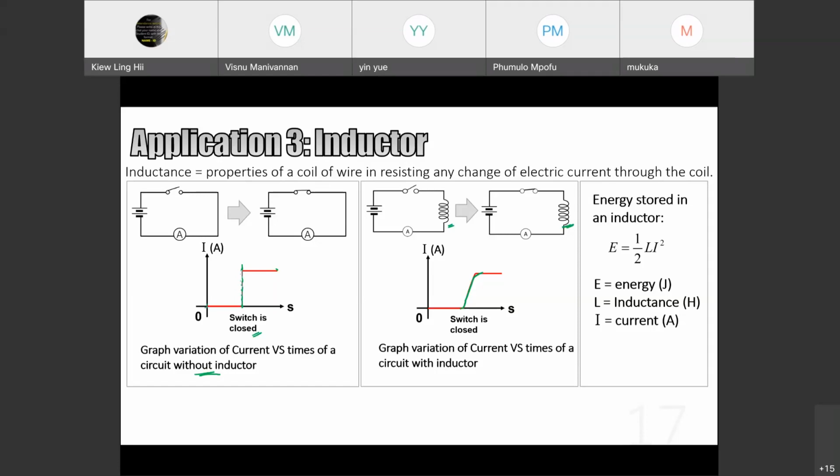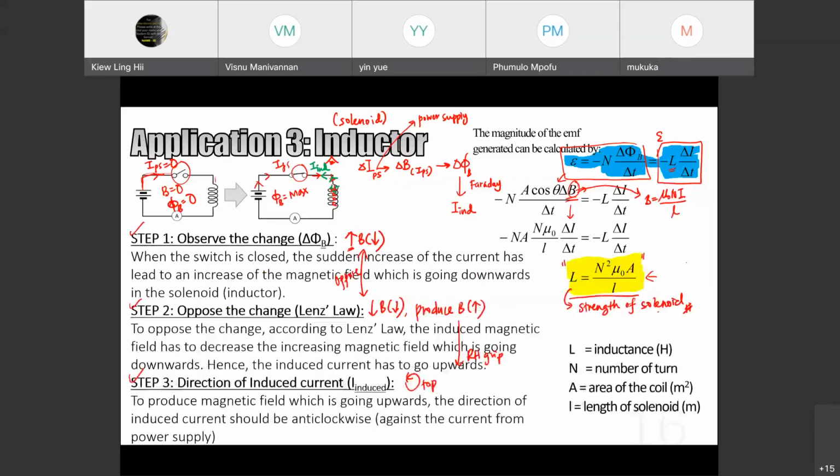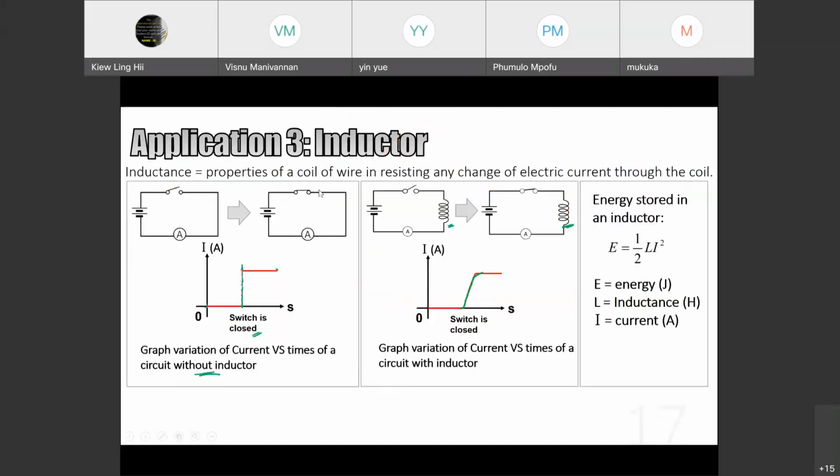If you still remember just now, the direction of the induced current is opposing the power supply, so your net current is small at first, due to the induced current which is moving in the opposite direction.